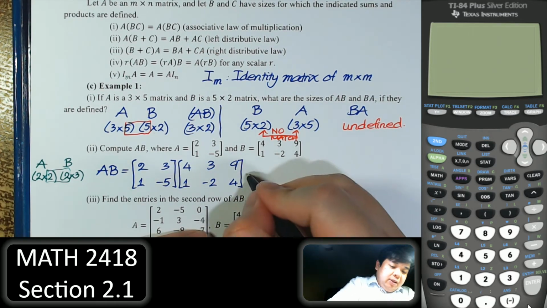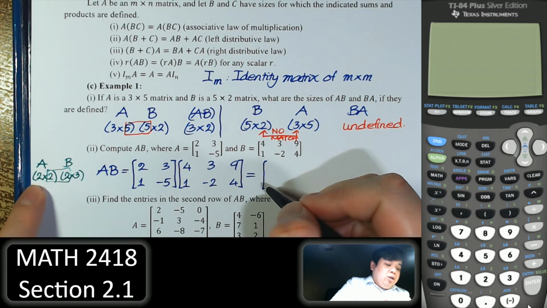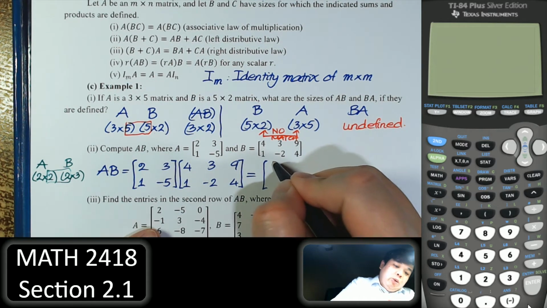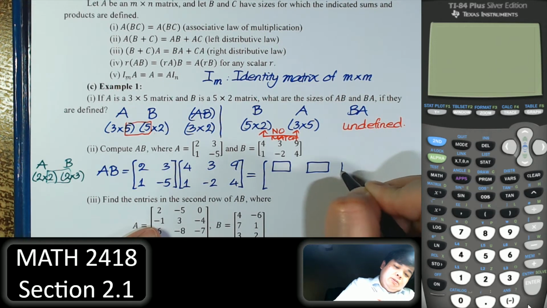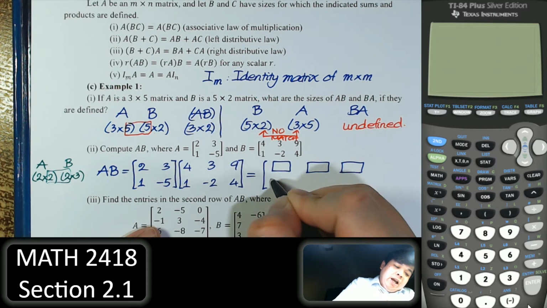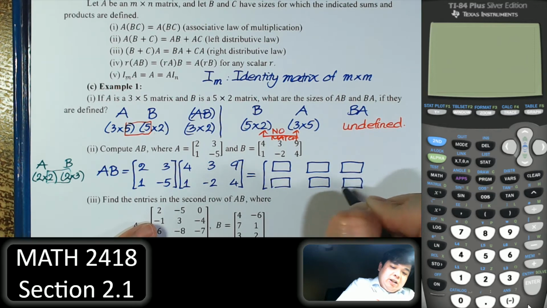Now, without doing anything, we know that 2 by 2 times 2 by 3, the outside numbers mean the result is going to be 2 by 3. So we end up with 2 rows and 3 columns. We're going to get that.